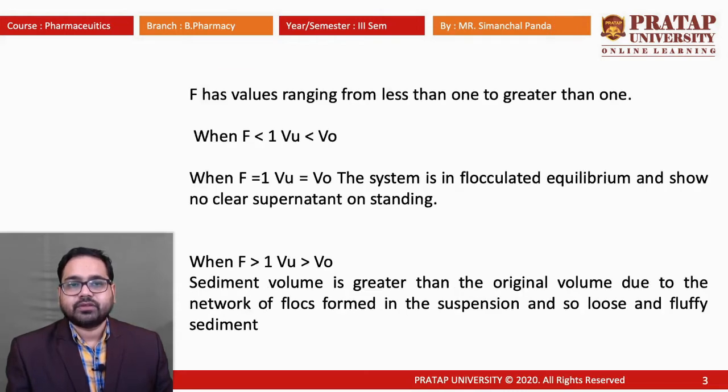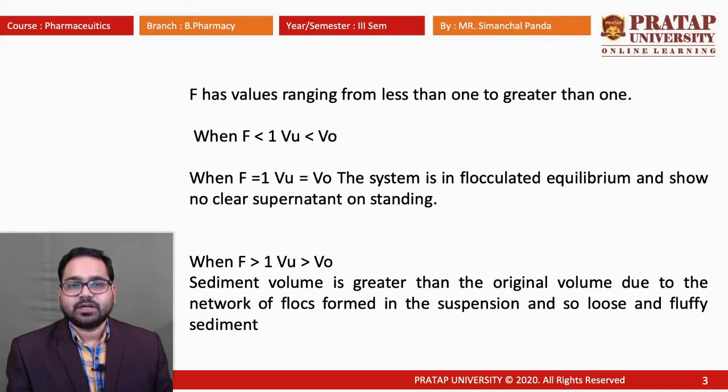So there are different values that can be found in different types of suspension. Generally F is less than 1. When the F value is equal to 1, then Vu is equal to V0. That means the flocculated suspension is in equilibrium and will not show any supernatant on standing.